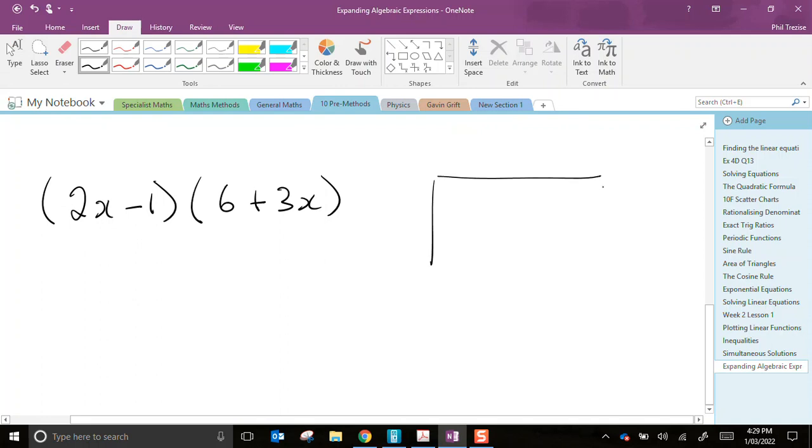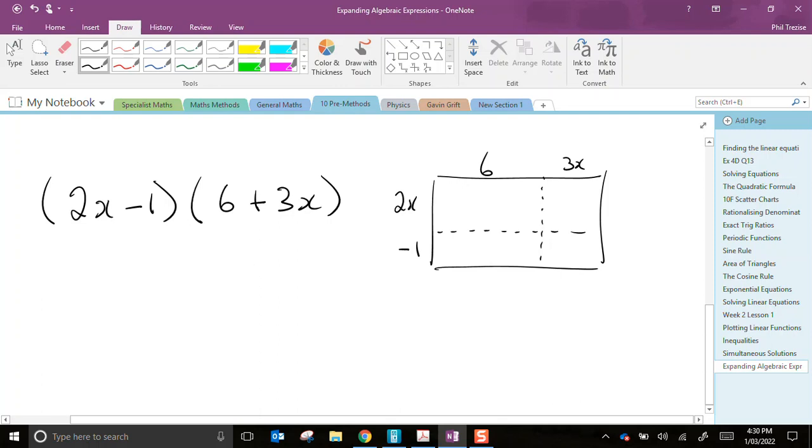Remember how on the diagram last time, I sort of split the thing into two sections. I went, that was 6, and that bit over there was, oh, that's a typo, I'm sorry. That should have been 3x. Now, I'm going to have to do the same thing on the other side, because the other side's got two parts. That's 2x, and this little bit here is negative 1.